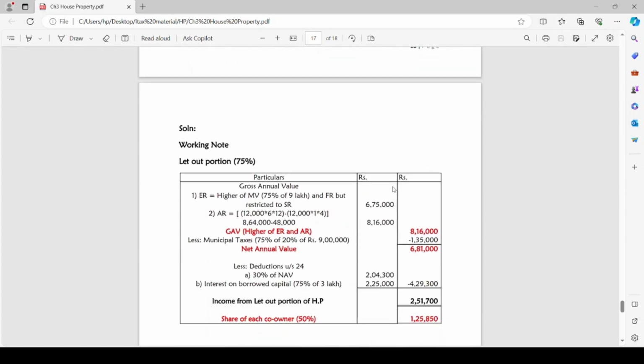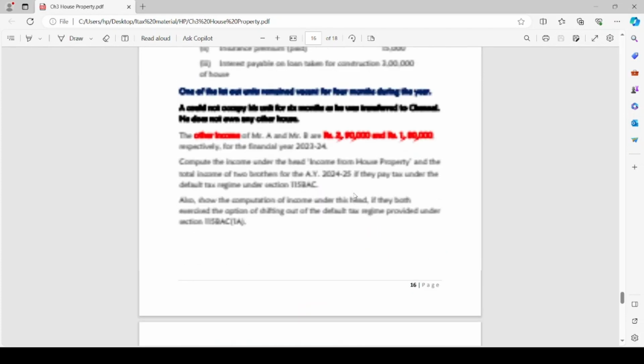First, let us compute the income from the house property for the let out portion only. Out of 8 identical units, 6 of them are let out. That means 75% of the house property is let out to tenants. The gross annual value computation: expected rent is the higher of municipal valuation and fair rent but restricted to standard rent.